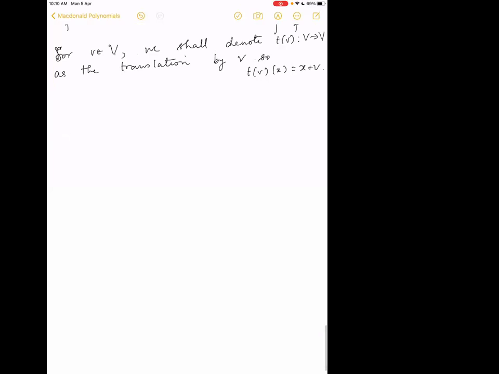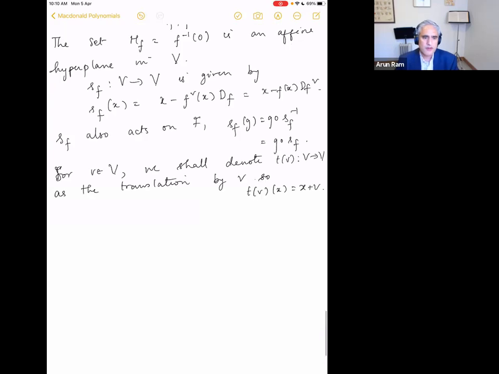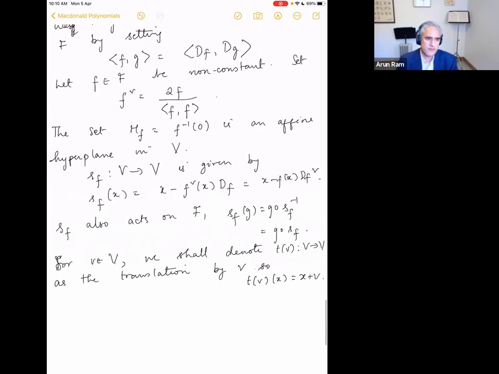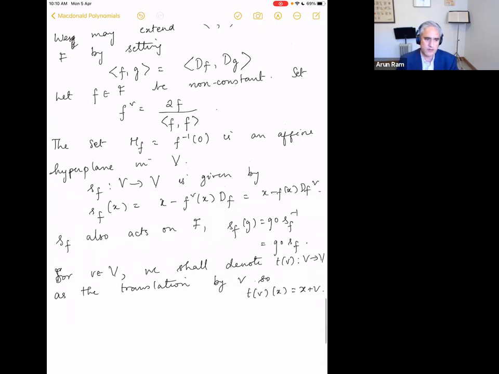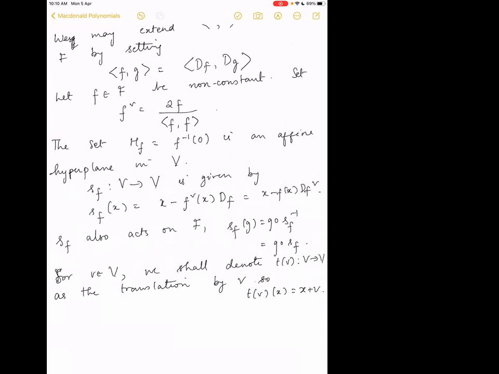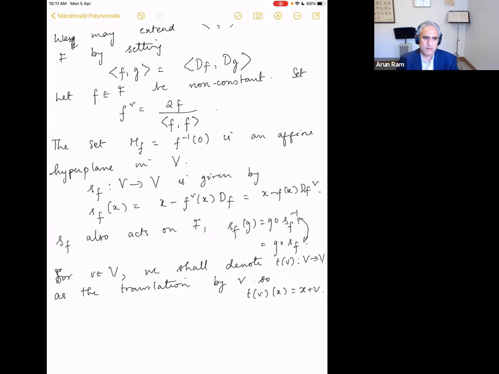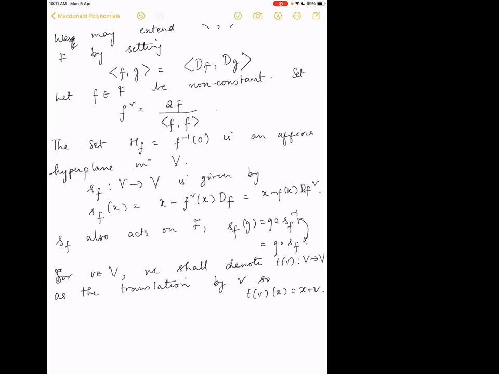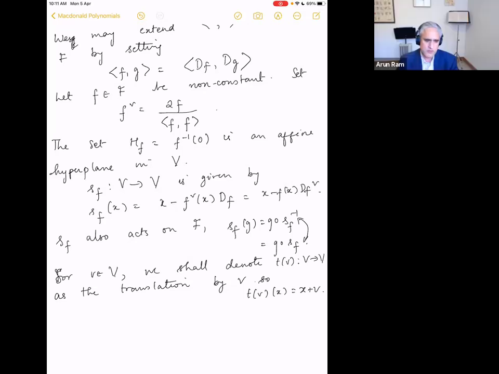Can I ask a question here? So this s_f, its square is 1? Yes, I have used it here already. I see. But if f was equal to c, for example, then s_f is in fact the identity map. Is it true?